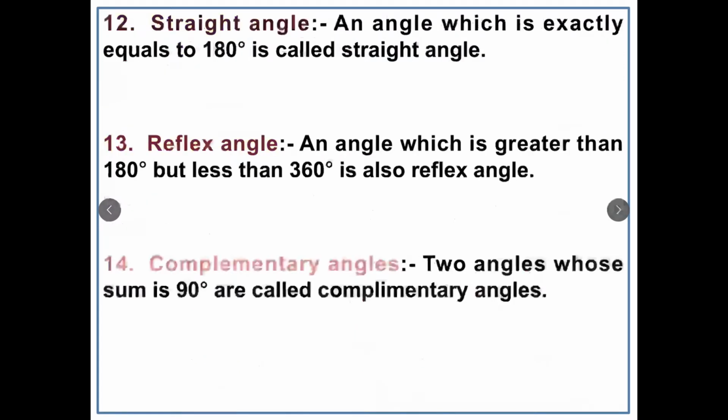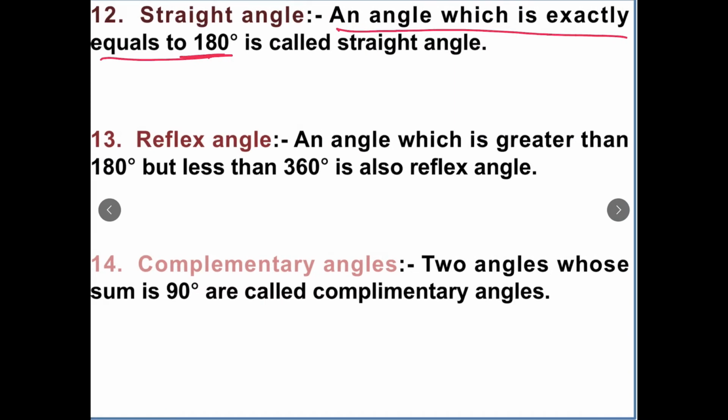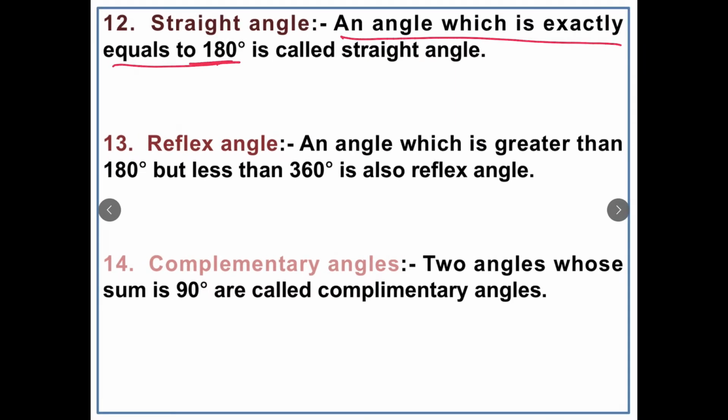Moving ahead, we have the straight angle. A straight angle is an angle which is exactly equal to 180 degrees, which means, let's say, we have a ray here starting from, let's say, this point O, and then we have another ray in exactly the opposite direction of this one, like this.